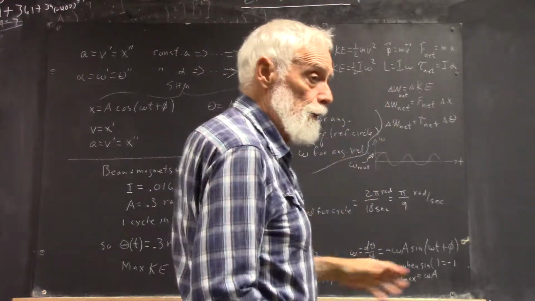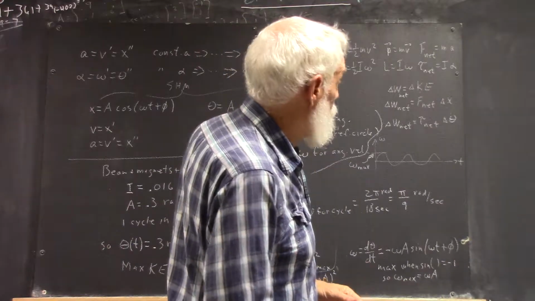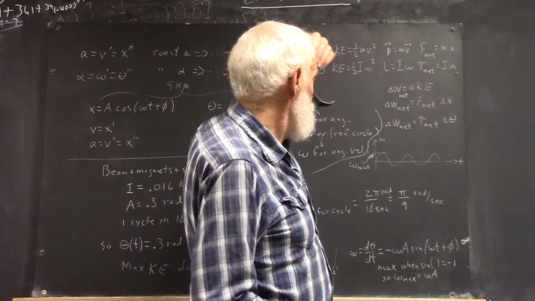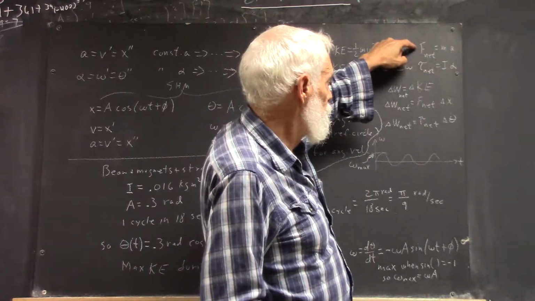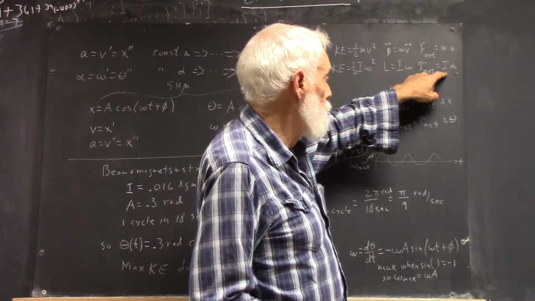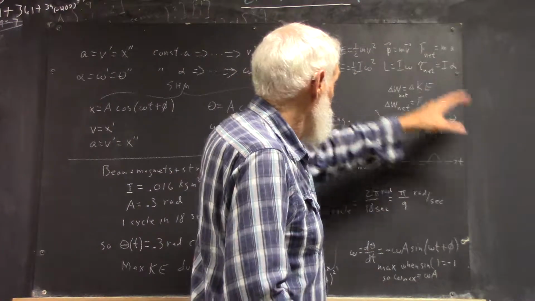We haven't talked about the vector nature of it, because we want to get down to the basic idea first. So we'll talk about that a little later. And we have the analogy to net force equals mass times acceleration, which is net torque equals moment of inertia times angular acceleration. That's our scheme.